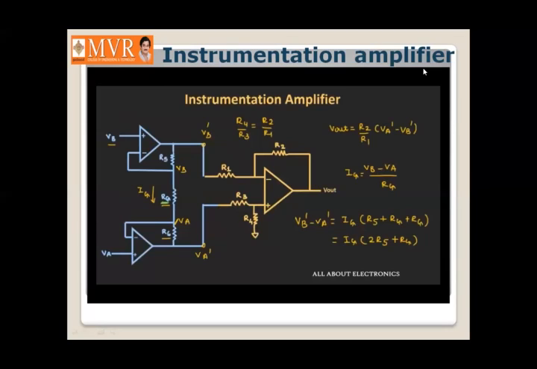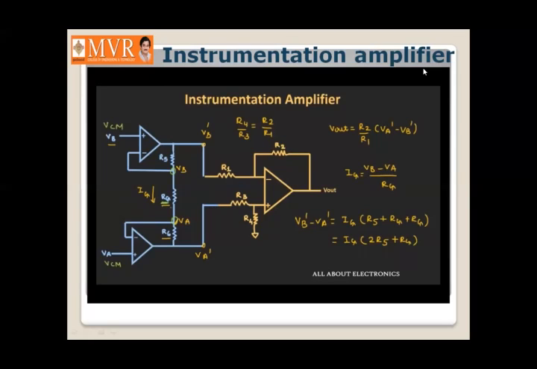So now let us also understand how this instrumentation amplifier will pass the common mode voltage as it is, and it will only amplify the differential input signal. So now let us say the common mode voltage VCM is present at these two terminals. So the same voltage will also be present at these two terminals. Now because the voltage at these two terminals is the same, no current will flow through this resistance Rg.